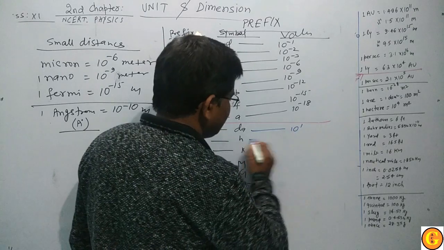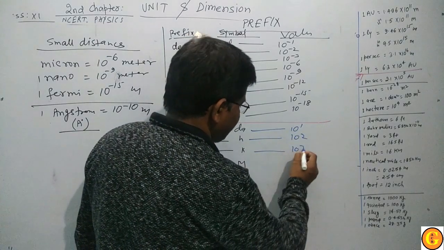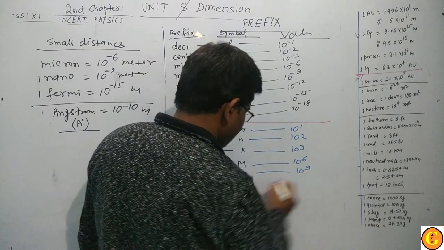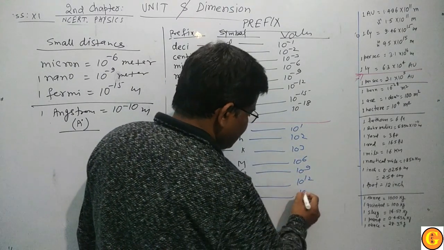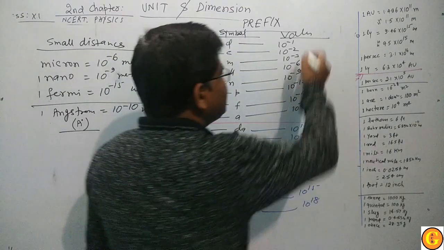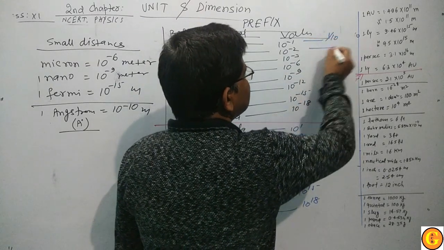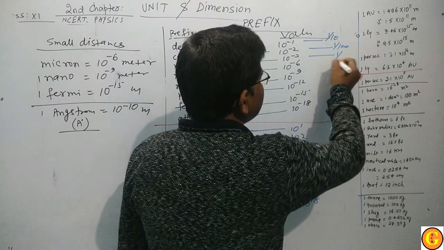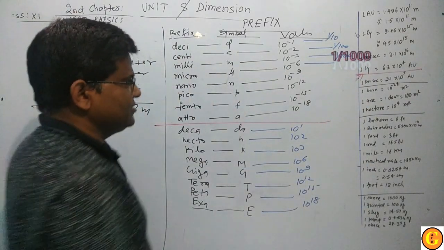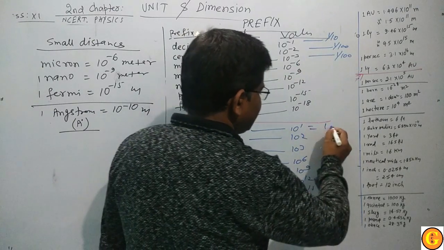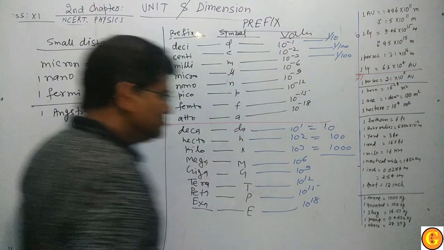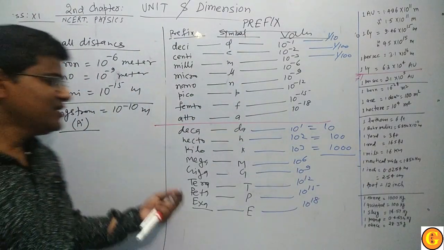Deca 10 to the power 1, hecto 10 to the power 2, kilo 10 to the power 3, mega 10 to the power 6, giga 10 to the power 9, tera 10 to the power 12, peta 10 to the power 15, exa 10 to the power 18. Actually this one is 1 by 10, this one is 1 by 100, this one is 1 by 1000. And what is the use of this prefix?